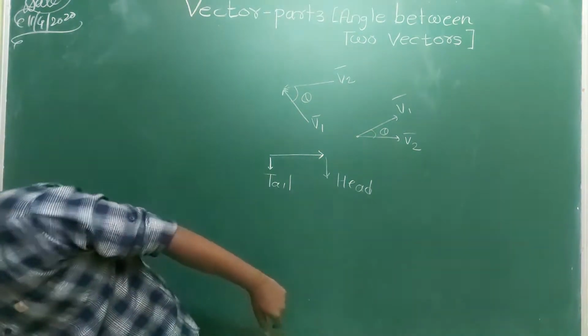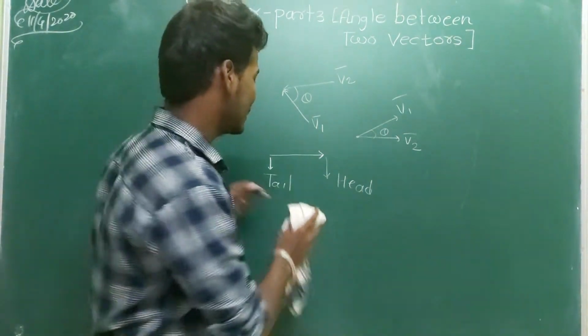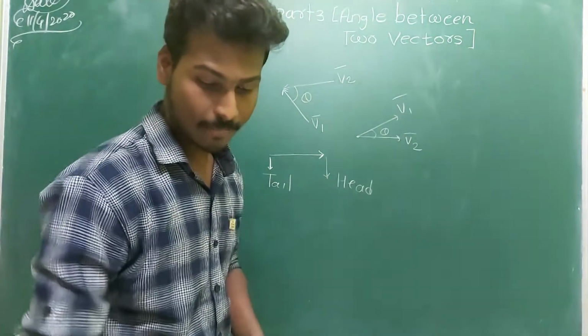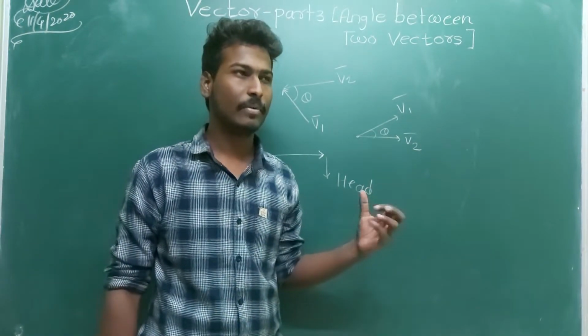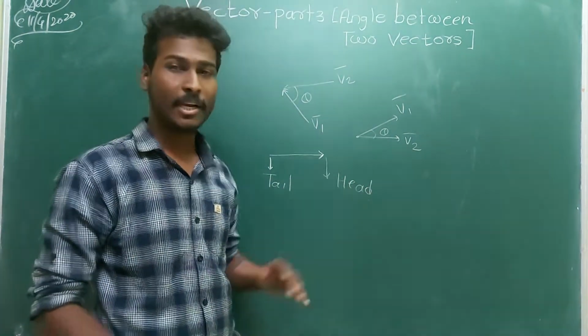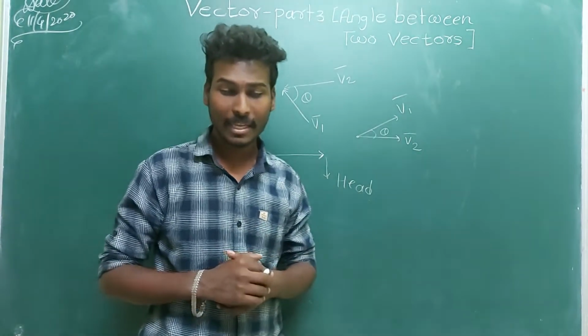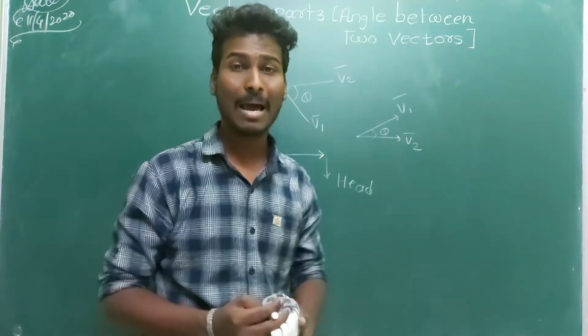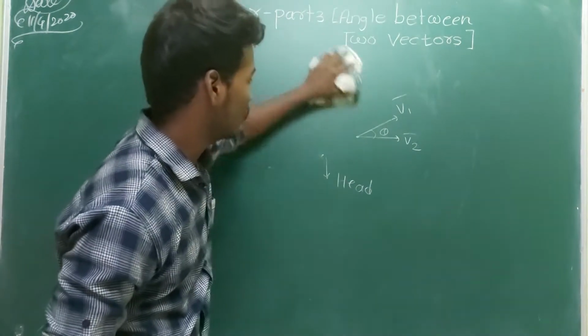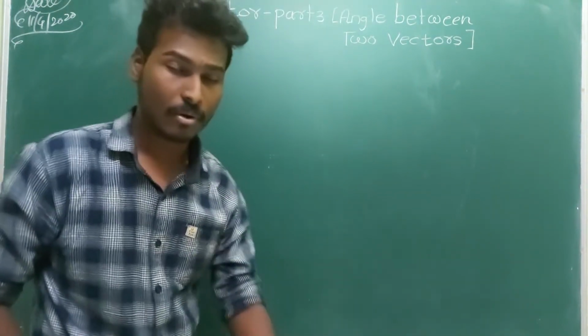Now we have different cases also. Say we have two vectors v1 and v2 where head to head or tail to tail placement is not there. Then what to do? Then we have one more concept, that is parallel shifting of a vector.